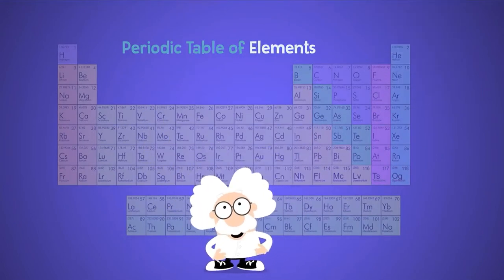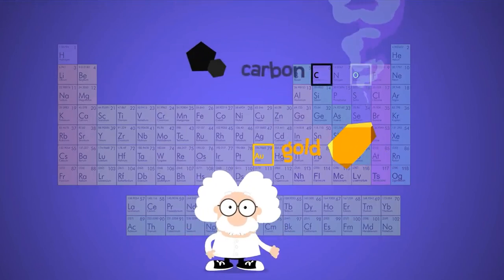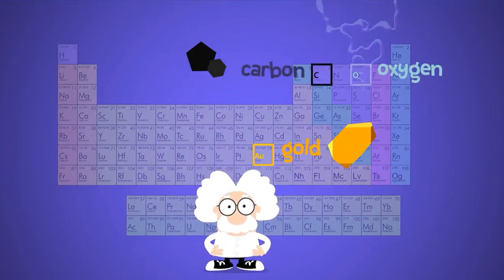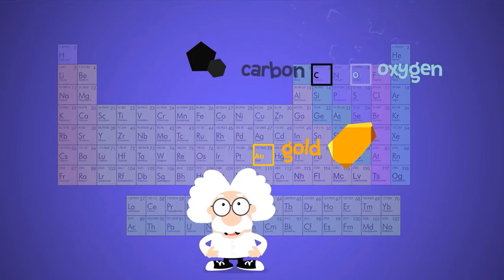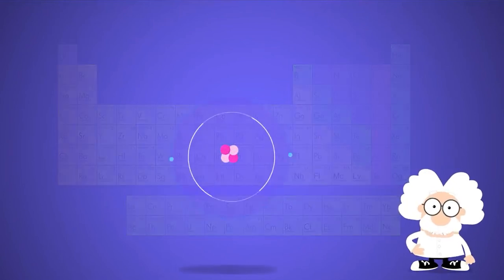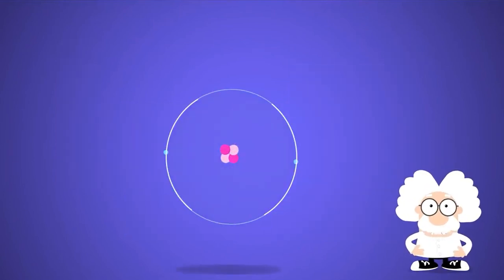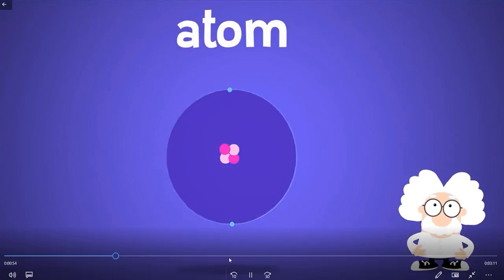If we observe elements like gold, carbon, and oxygen, we can see that they have very different properties that don't look or act the same. But why are they so different? Well, it comes down to what's inside their atoms.